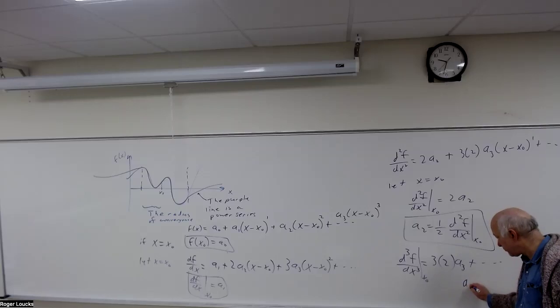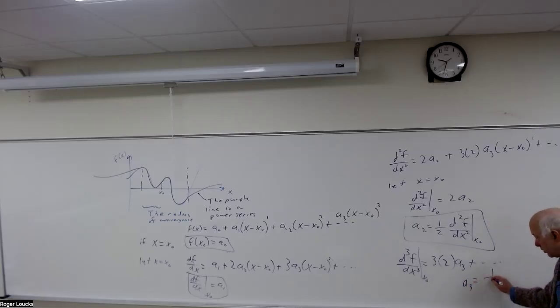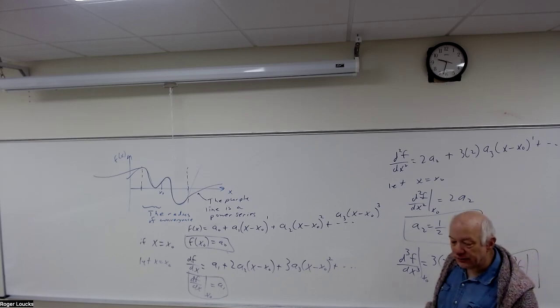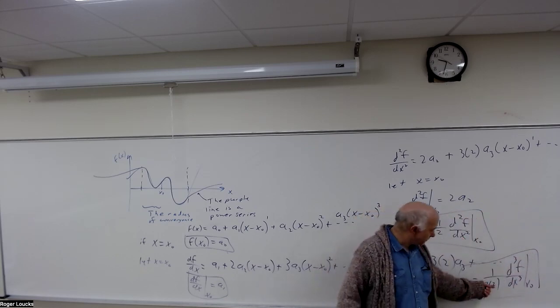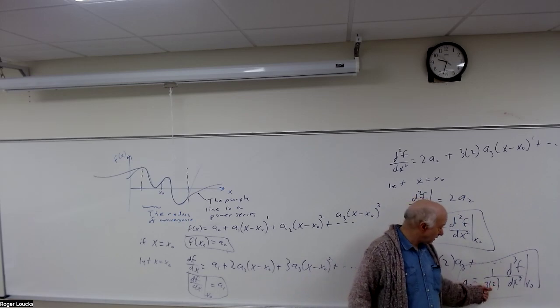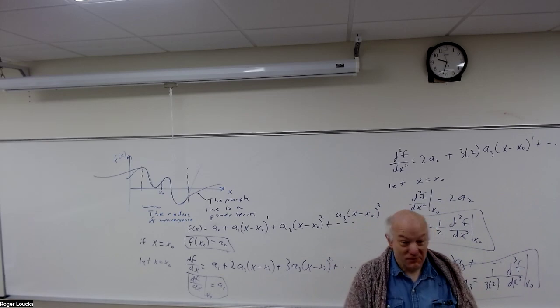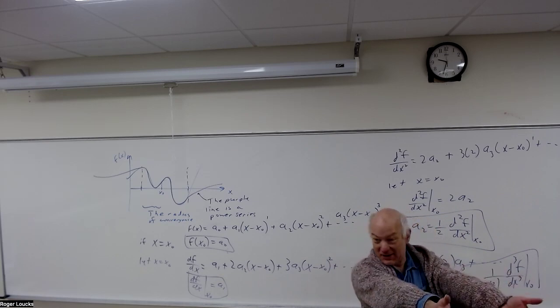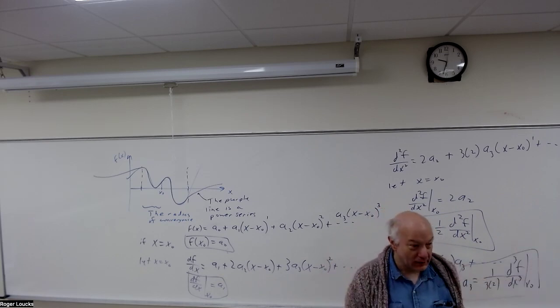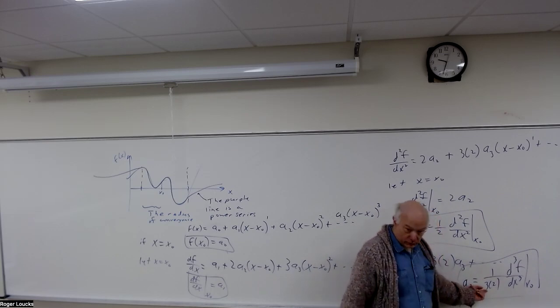And so this gives me that a3 is 1 over 3 times 2 times the third derivative at x naught. Now 3 times 2 is the same thing as 3 times 2 times 1, and that is 3 factorial.